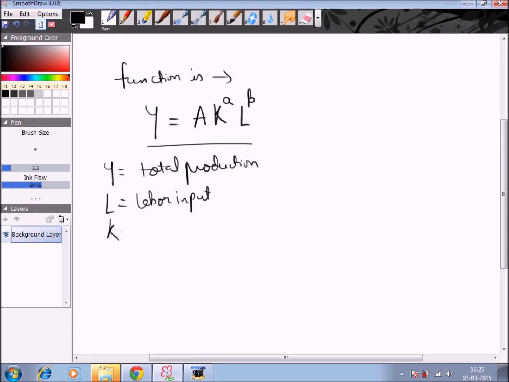Then K is the capital input, that is the real value of all machinery, equipment and buildings. And A is total factor productivity.